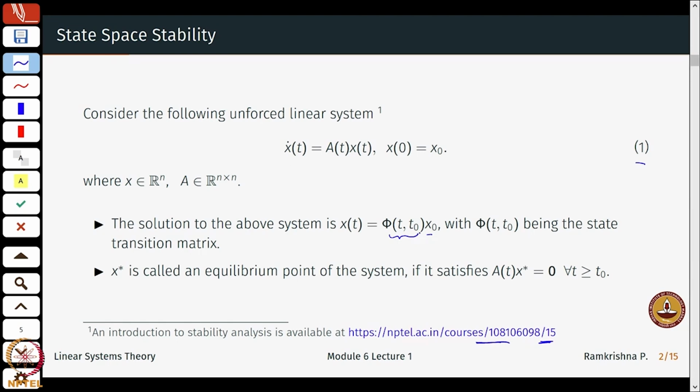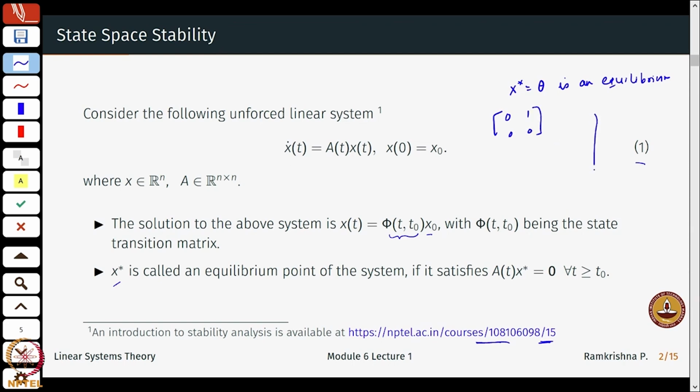We also know that x star is an equilibrium point of the system if it satisfies A x star equals 0, and in most linear cases the origin, the zero vector, is an equilibrium. It is always an equilibrium, even if the A matrix is not invertible, say if it is of this form, still 0 is an equilibrium.